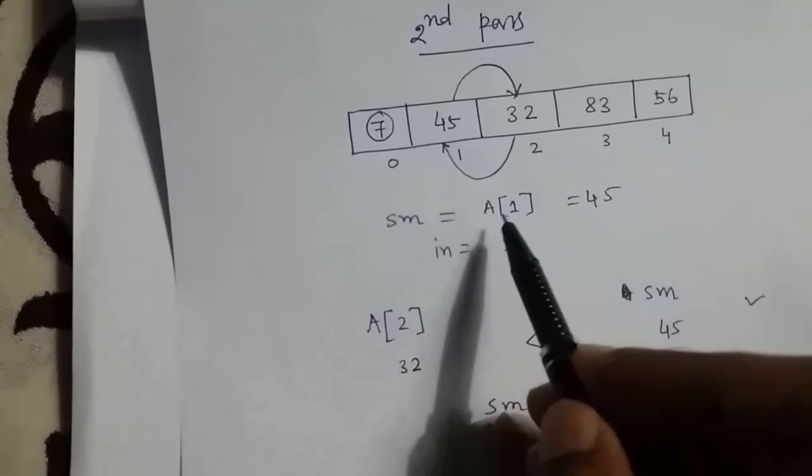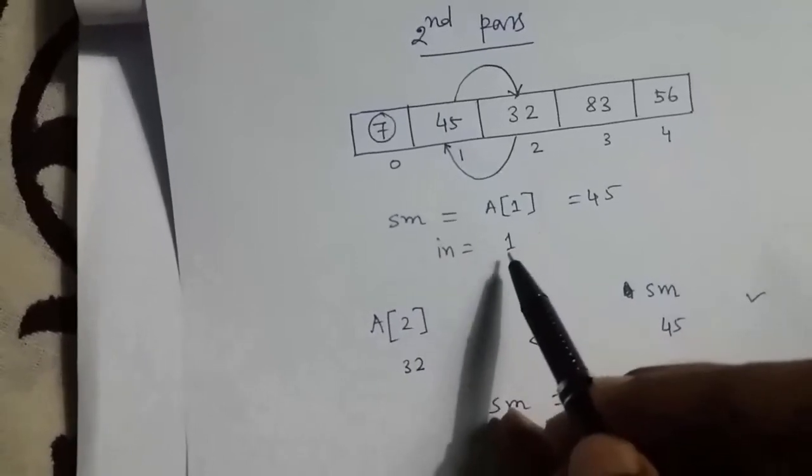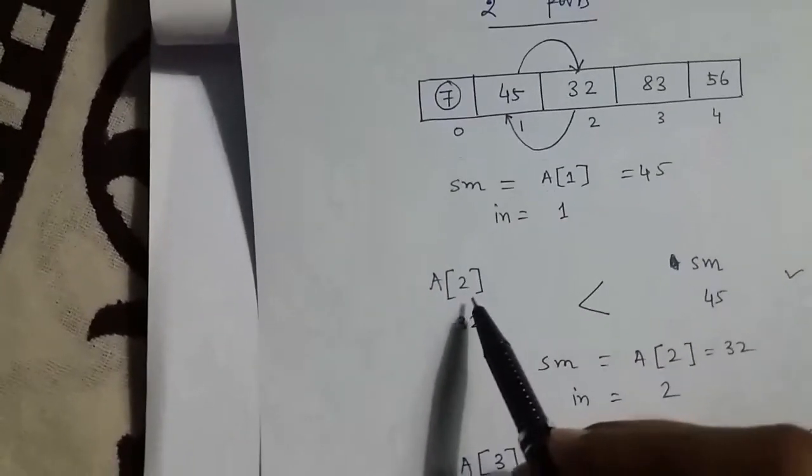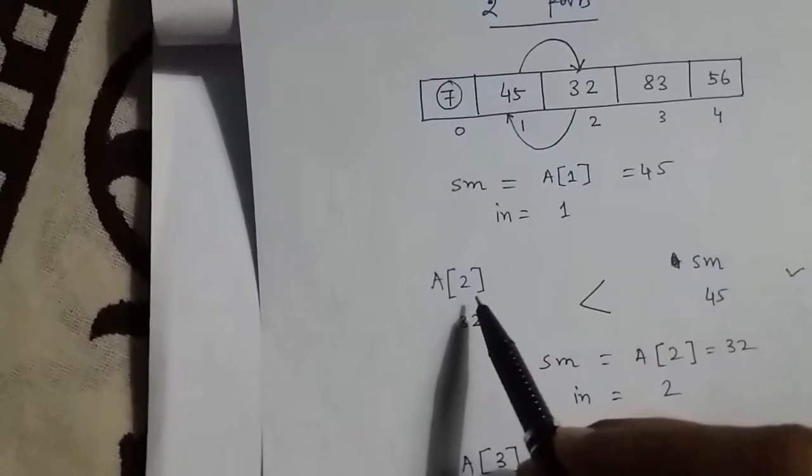In the second pass, we are considering element a of 1, that is the index 1, and the element that is coming for comparison at first is a of 2. In third pass, the element that we have considered is a of 2 and the element that is coming for comparison at first is a of 3.